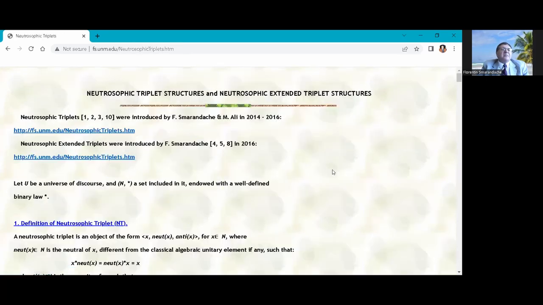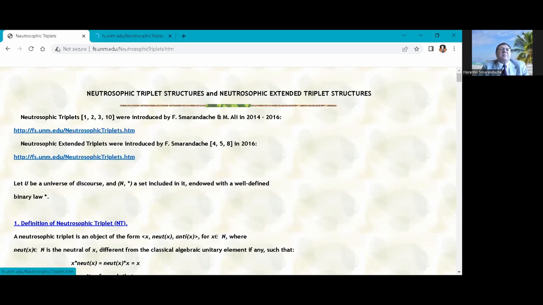Neutrosophic triplet structures were introduced by me and Mumtaz Ali in the year 2014, and then we extended it in 2016.